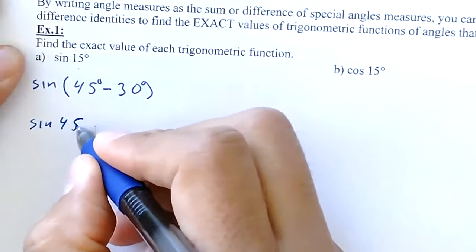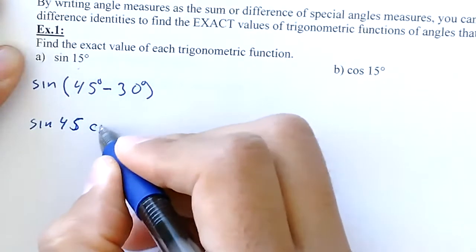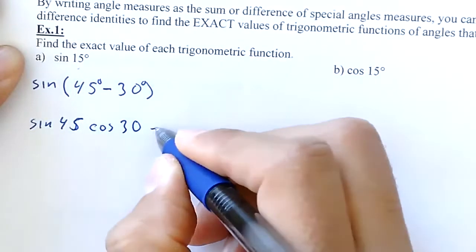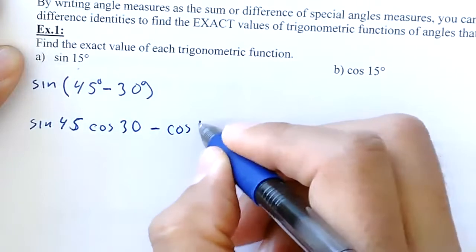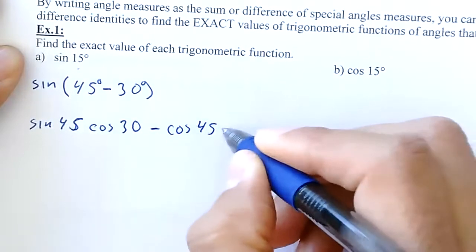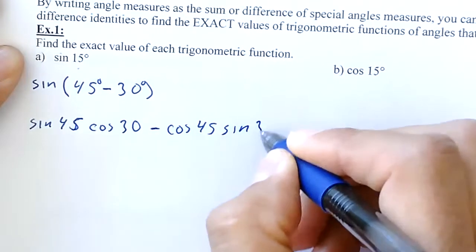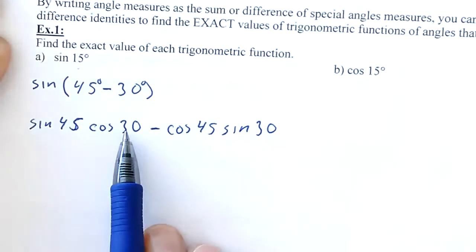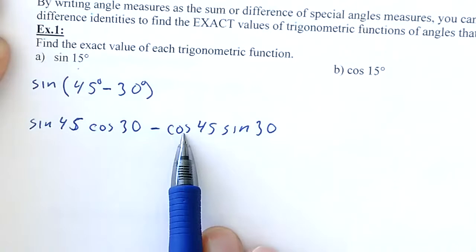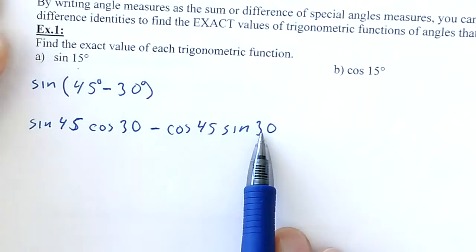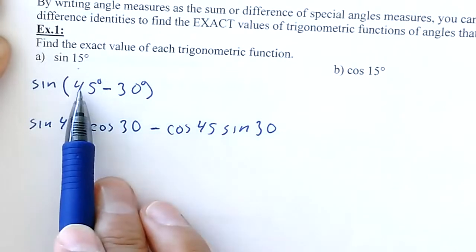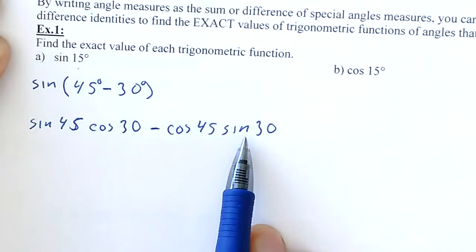Sine of A, that was my A, cosine of 30, that was my B, minus cosine of A, sine of B. Sine A cosine B minus cosine A sine B, using my formula. So this is the new part going from there to there.